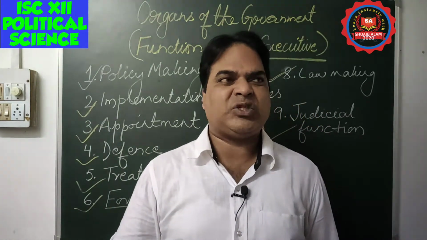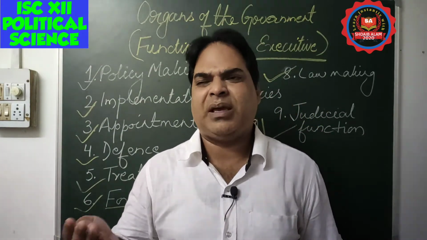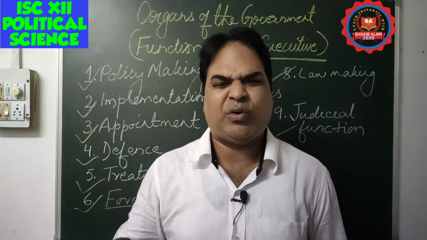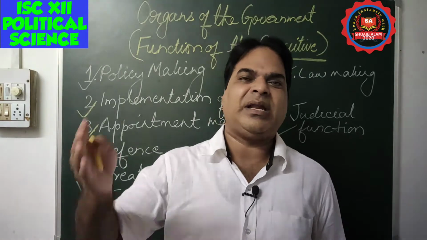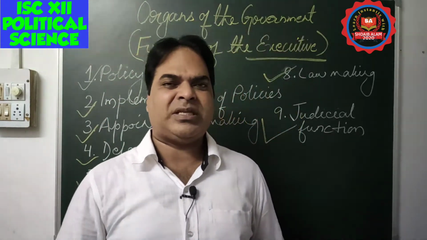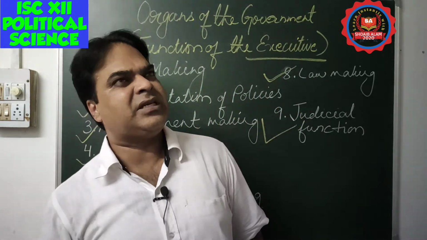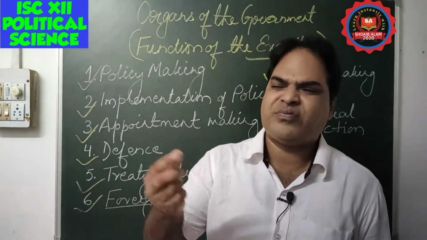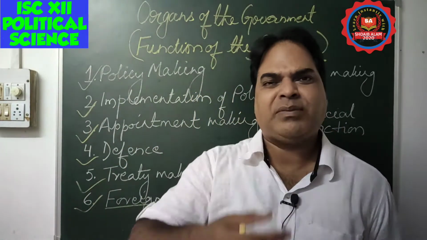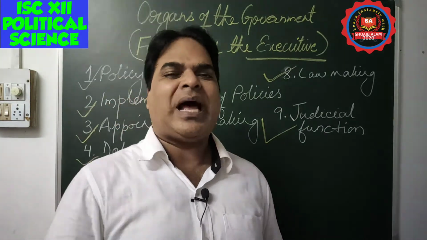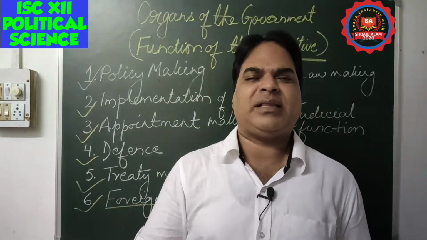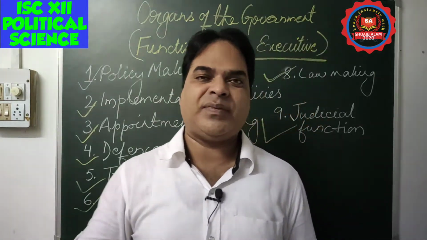If the president is convinced, he can reduce the punishment from a death sentence to lifetime imprisonment. If you are given lifetime imprisonment, a few years can be reduced, say 5-6 years. That is done by the executives of the country.